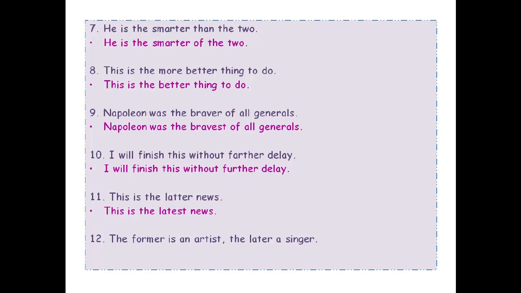Are we referring to time over here? No, we are referring to position. And when we refer to position, we use latter. So we'll say the former is an artist, the latter a singer. That means the first person who came was an artist and the next person who came was a singer. I hope this exercise is clear to you all.